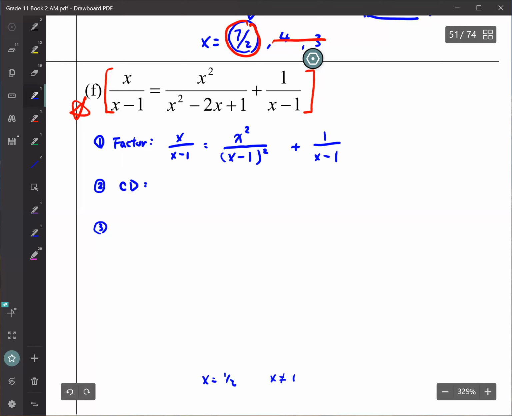So what is the common denominator for this one, Brennan? X minus 1 squared. Yeah, we need both of them, okay? If only 1 x minus 1 is not enough to include the second denominator. We need square. So we'll take the common denominator, multiply with each of the fraction.